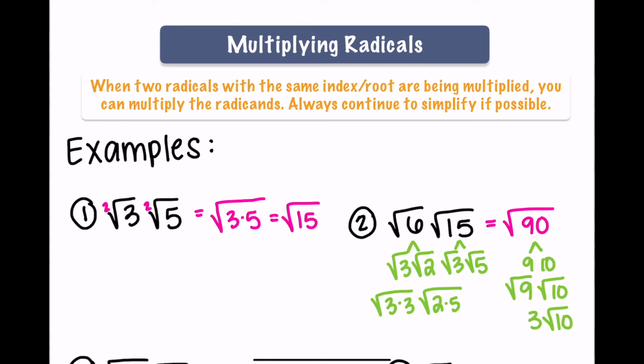So that would give me the square root of 9, which is 3, and the square root of 10, which is what I just got. So you can do this in any order that you want. You can multiply first and then simplify, but typically if your number is any bigger than like 120, numbers that get bigger than that tend to get a little bit messy, a little bit hard to simplify. So I like to simplify in the beginning, but it's up to you.